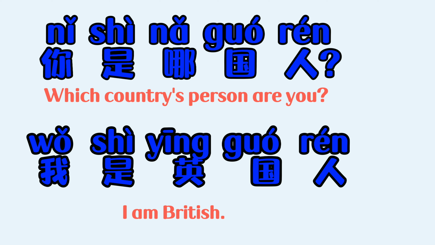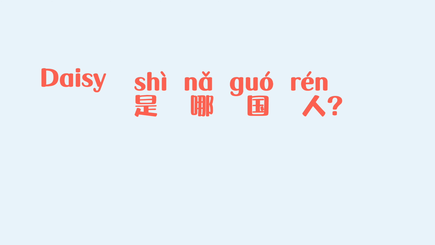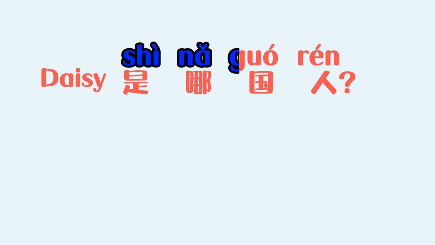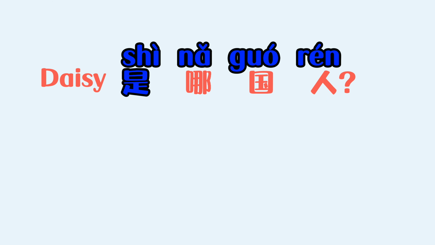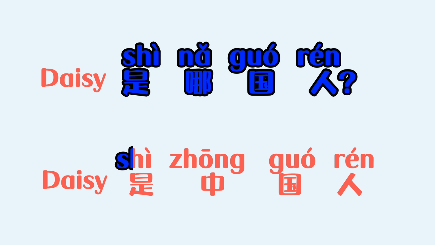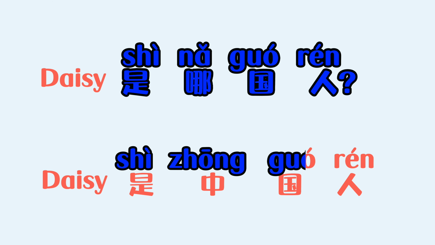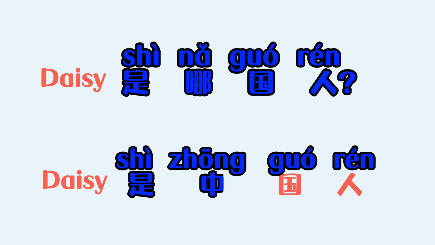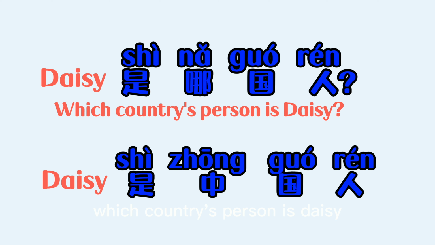Now I'm going to ask you a question. Daisy 是哪国人? Give me your answer. We will say Daisy 是中国人. Which country's person is Daisy?